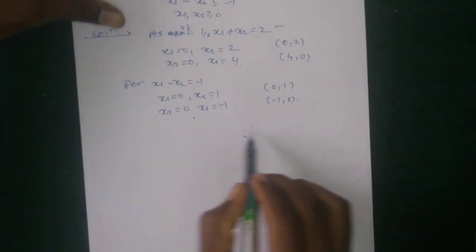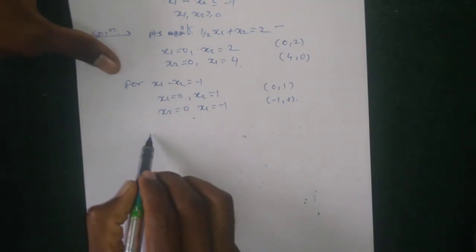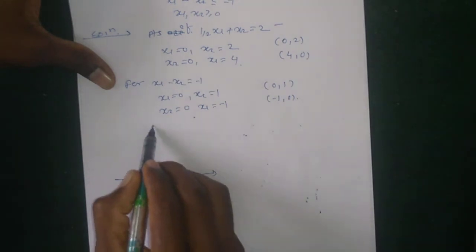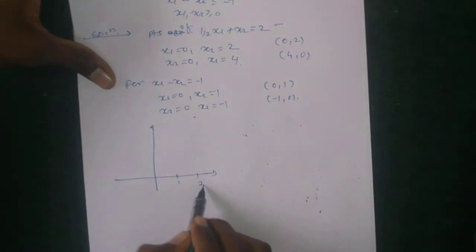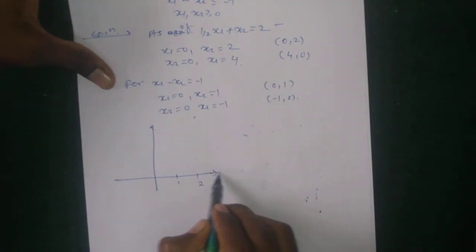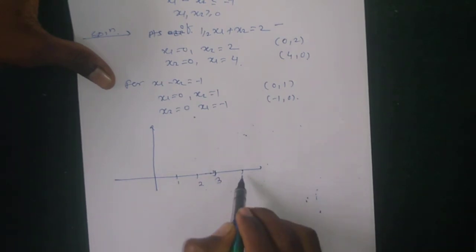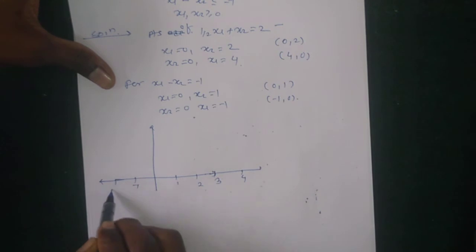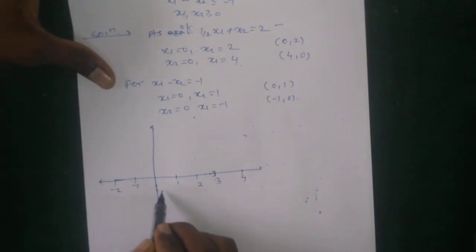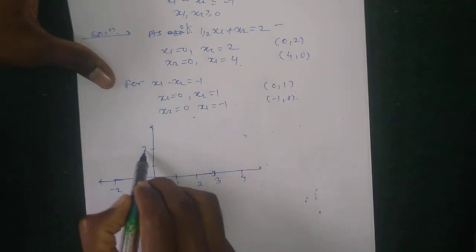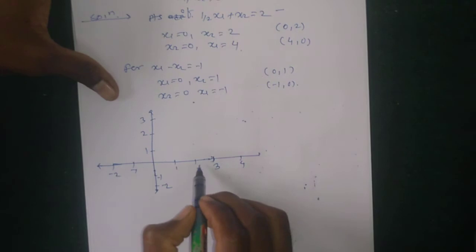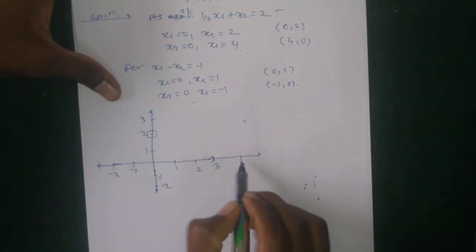So plotting the graph. Here 1, 2, 3, 4, here minus 1, minus 2 below, then here 1, 2, 3 in this way. Okay, so points are (0, 2) and (4, 0).